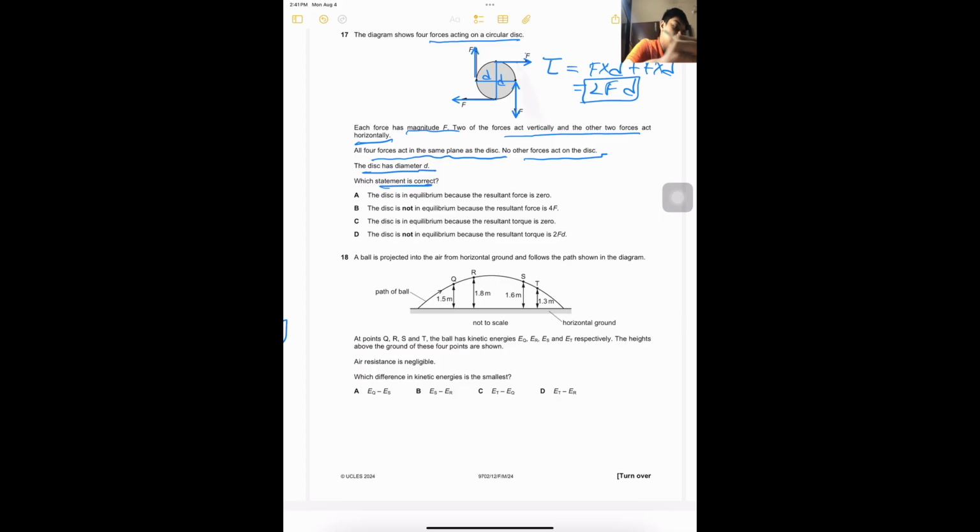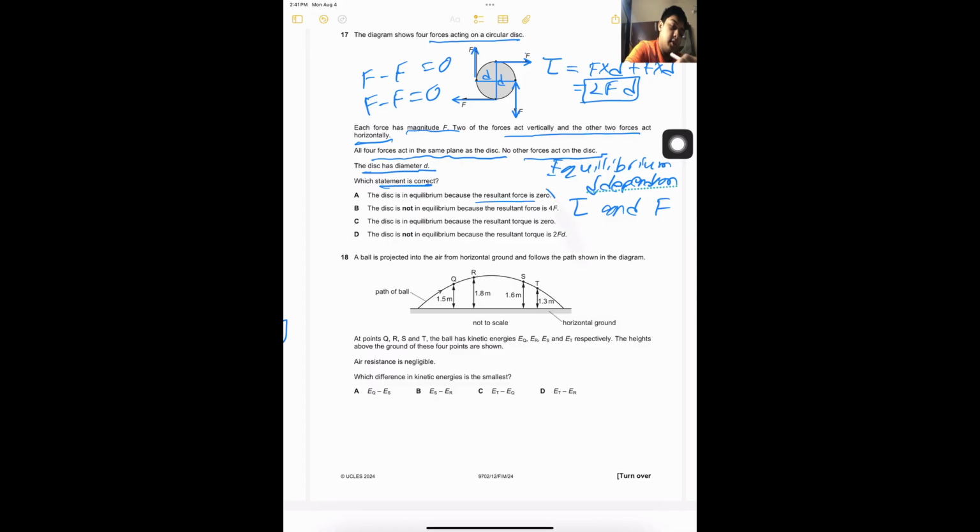Okay, so the resultant force towards the right is F minus F, and also in the vertical direction F minus F, which is 0. So there is no resultant force. Equilibrium depends on resultant torque and resultant force.